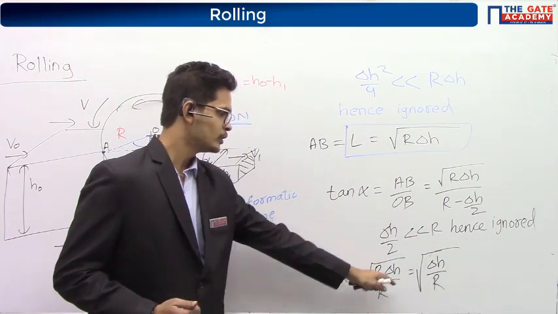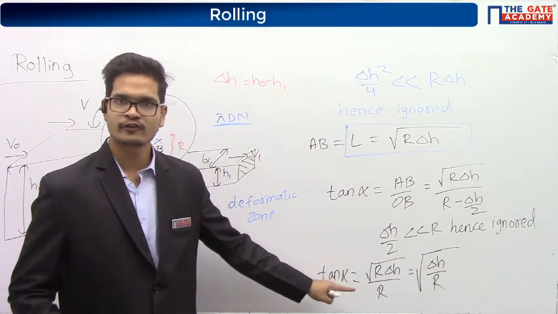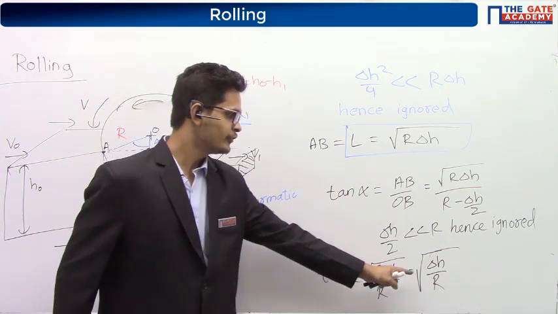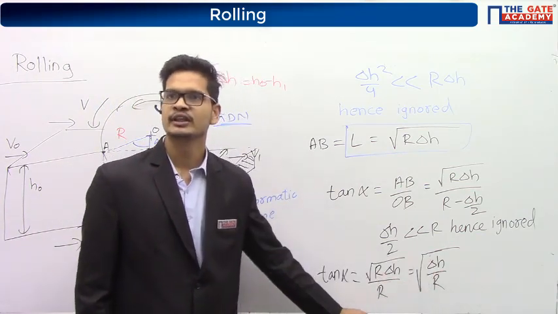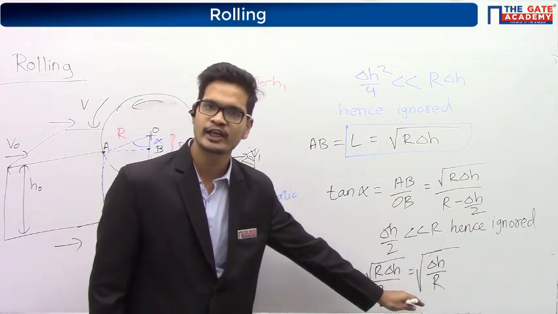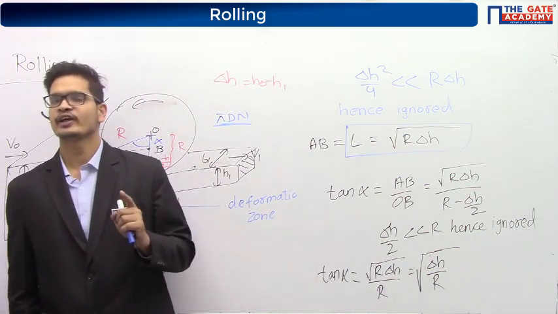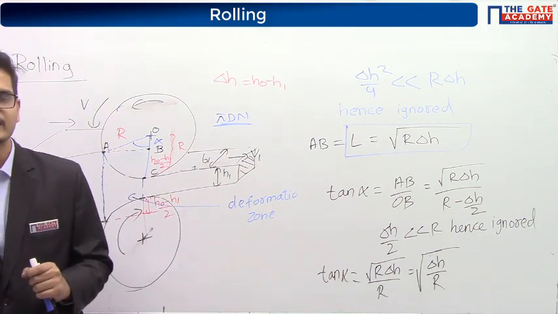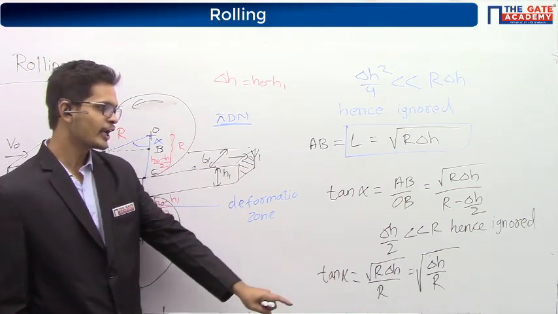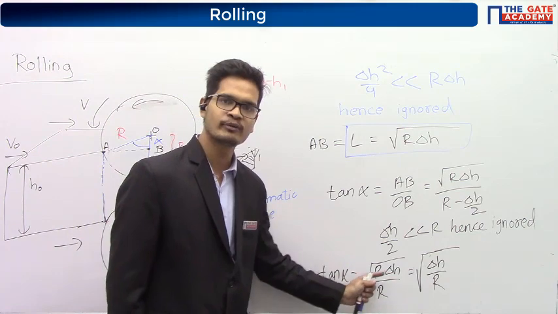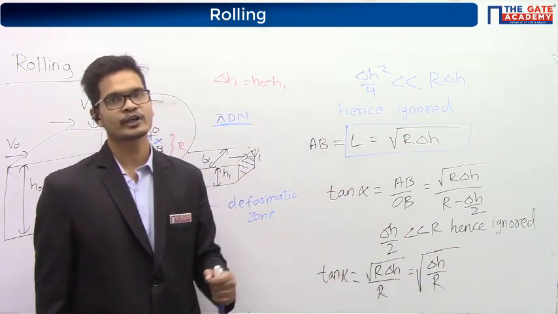So for finding the value of alpha, if you use this expression, that is alpha is equal to tan inverse of root delta H by R, you won't get very accurate value of alpha. That's why I don't recommend finding the value of alpha by using this expression. Why are you not getting very accurate value?